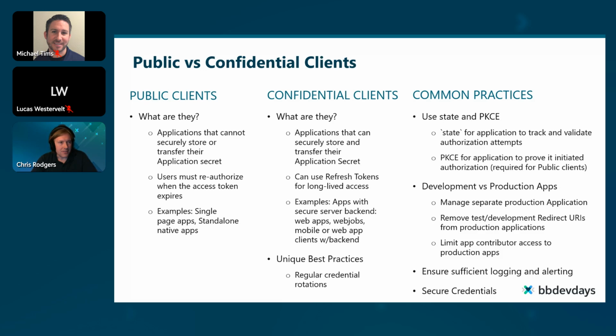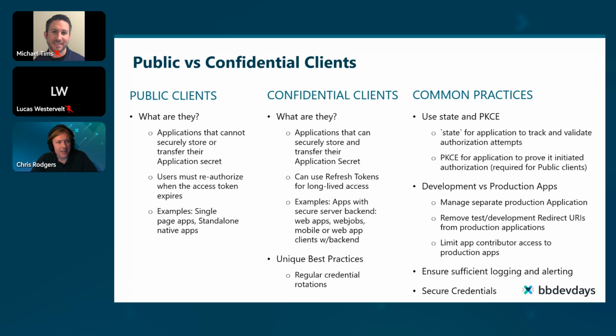So by definition, public clients can't secure their application secret. And because you can't use your application secret, you can't have refresh tokens, which means after 60 minutes, your access token will expire, and you must reauthorize. The user must reauthorize to get a new access token, which would work depending on your application's architecture and your use case.